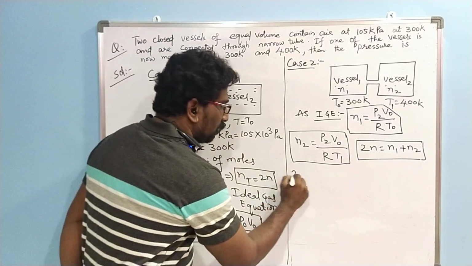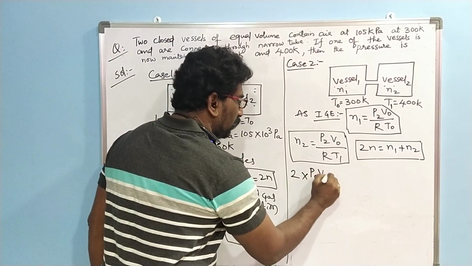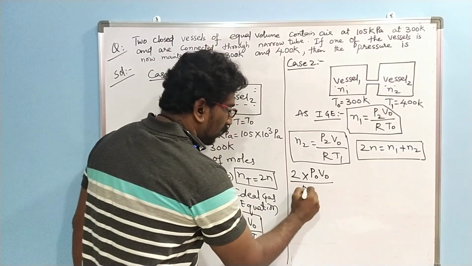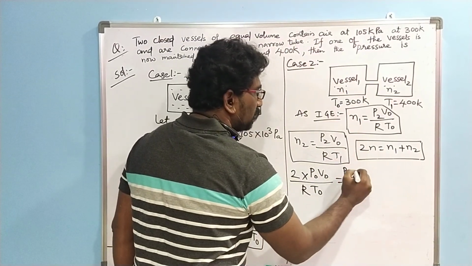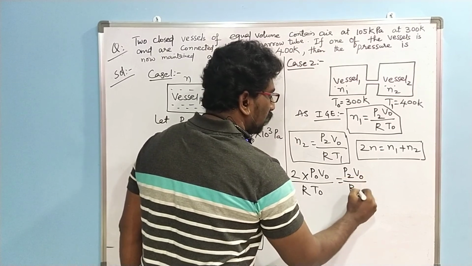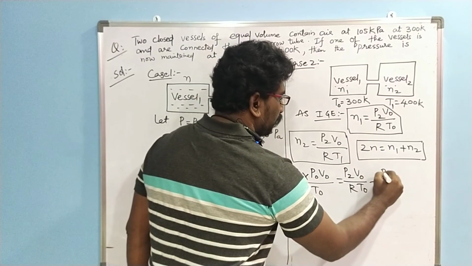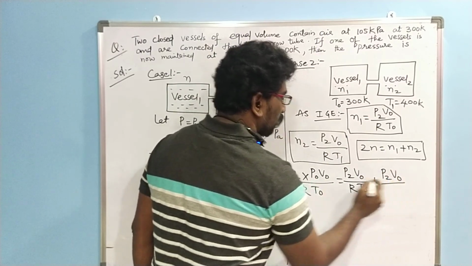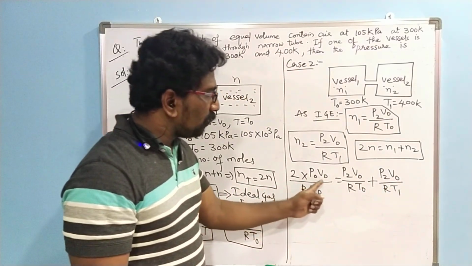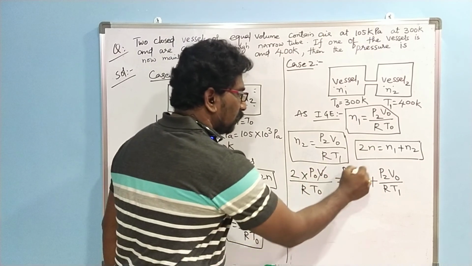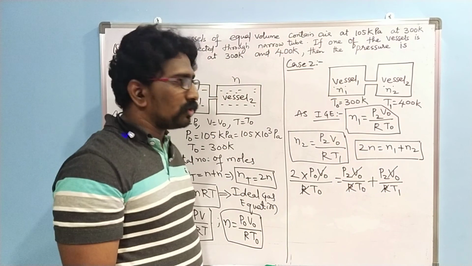If you substitute, n is equal to P naught V naught over R T naught, so 2 times that is equal to n1, which is P2 V naught over R T naught, plus n2, which is P2 V naught over R T1. All the volumes will get cancelled, and in the same way R, the universal gas constant, is also cancelled.